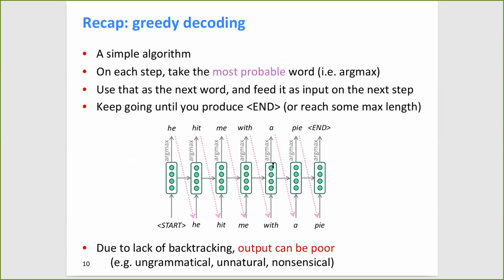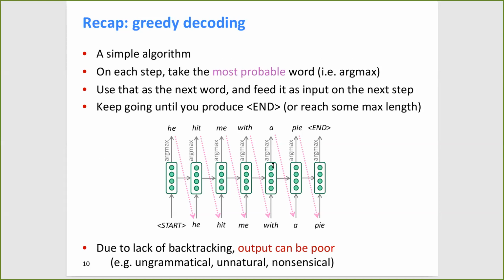When it comes to the greedy algorithm, at every timestep it just produces the most probable word. This is what happens in softmax, right? To give a simple example, when you have a cat versus dog versus lion classifier, and finally the softmax produces three outputs, and then you take an argmax.